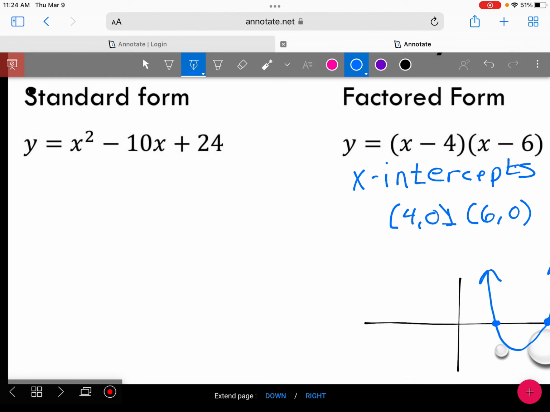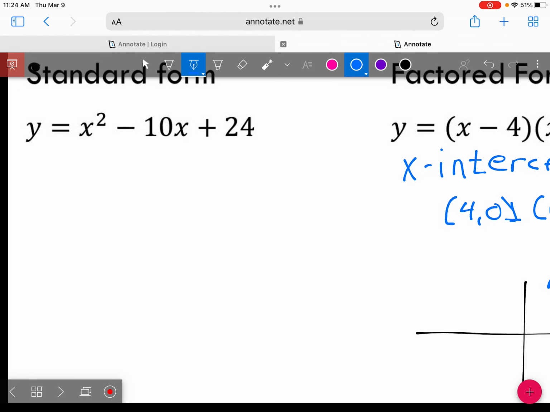Our last one, probably our most subtle piece here from our standard form. What information can we see from our standard form? Without having to factor it, without trying to do anything like that. This one's a can-you-remember-from-Algebra-2 because it really doesn't come up all that often. It's this guy right here.